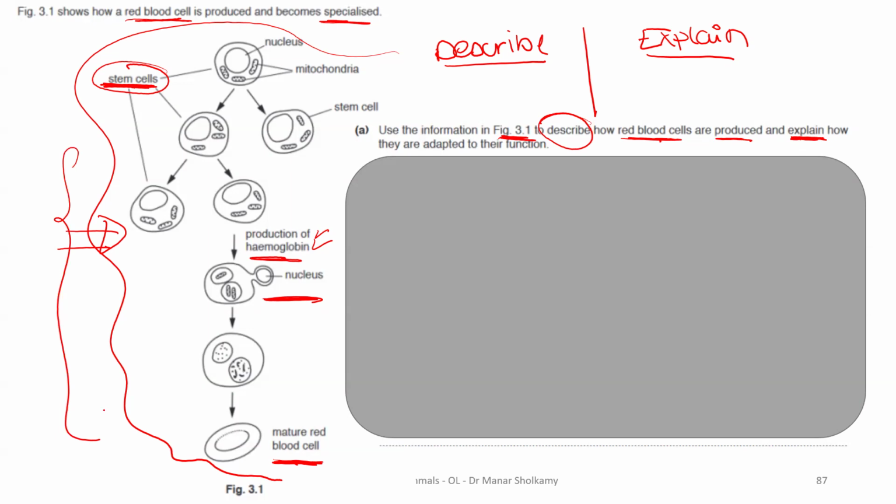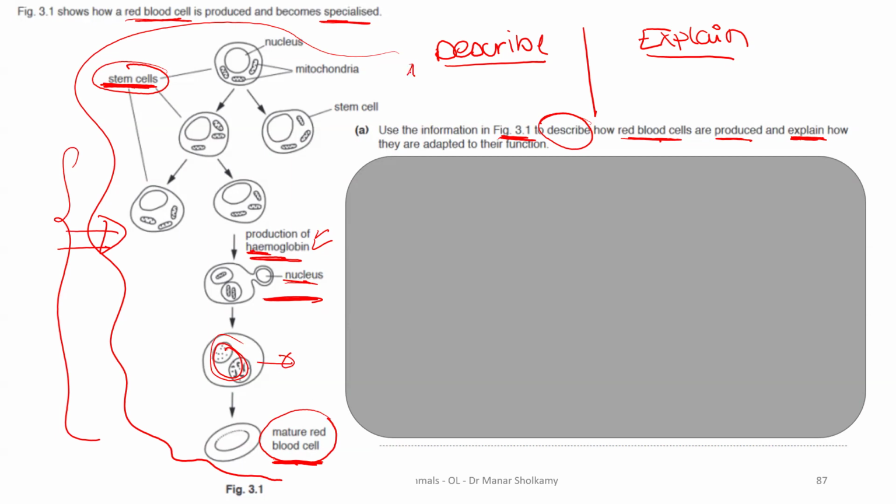You don't need to know the process of specialization, but they gave you a picture and it shows that hemoglobin is being produced and the nucleus is removed, and then all the organelles inside have been removed in order to form a mature red blood cell that is empty. This is the description part, and saying just that will give you the 2 marks.